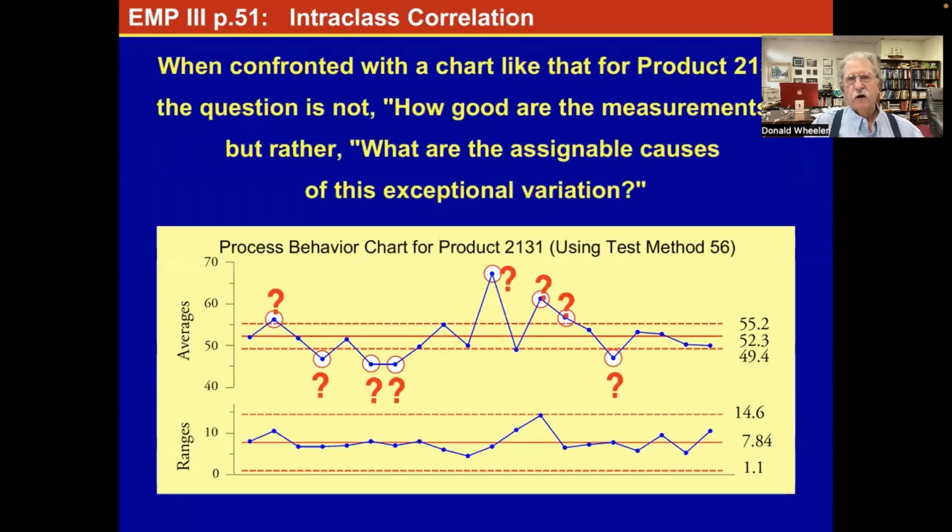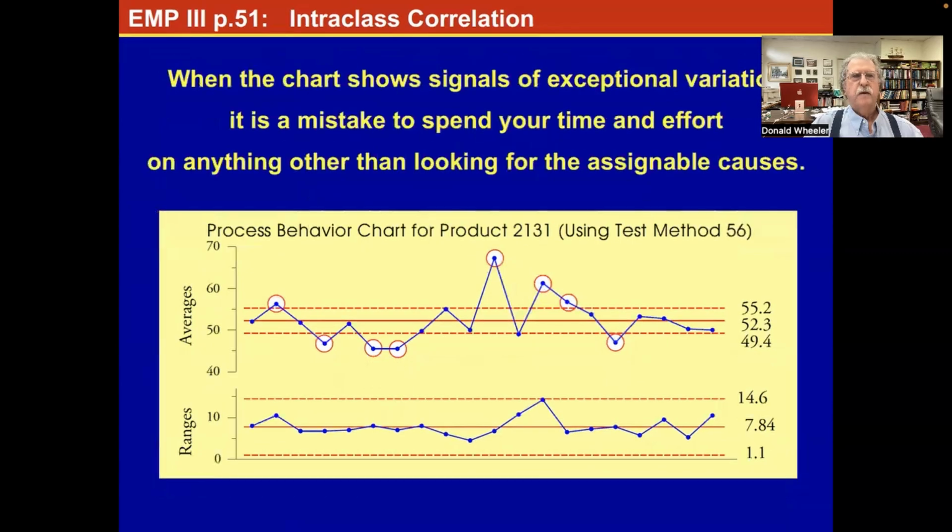When confronted with a chart like the one for product 2131, the question is not, how good are the measurements, but rather, what are the assignable causes of this exceptional variation? When the chart shows signals of exceptional variation, it is a mistake to spend your time and effort on anything other than looking for the assignable causes.